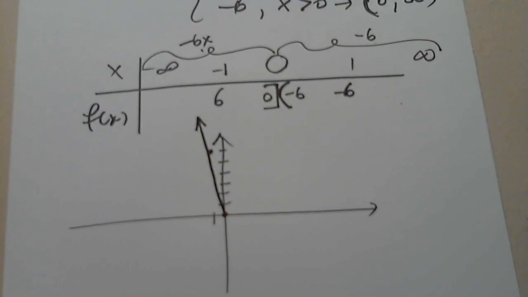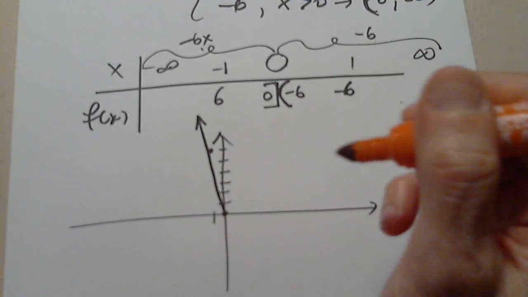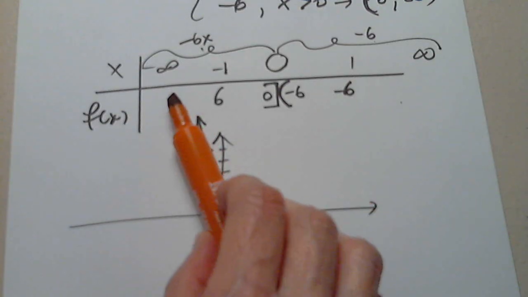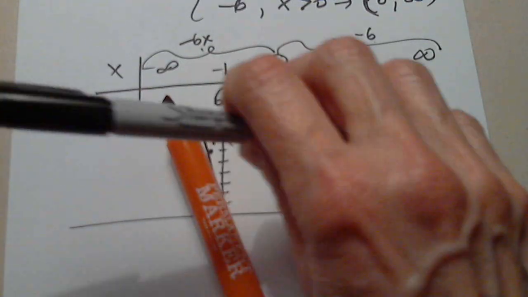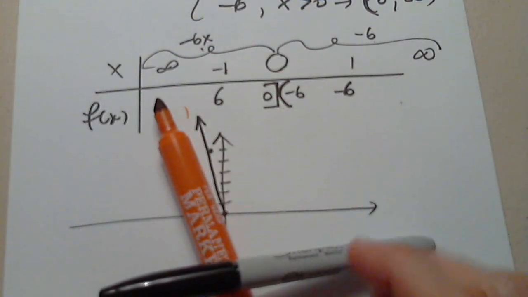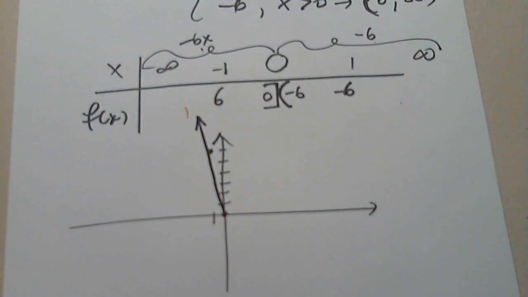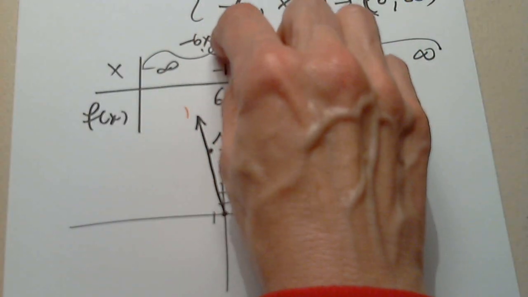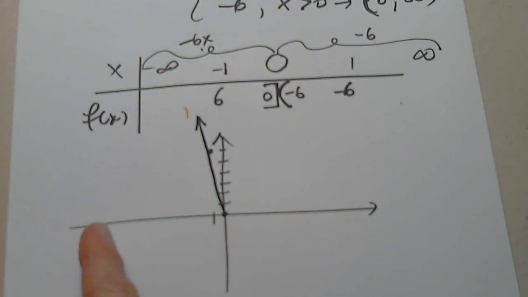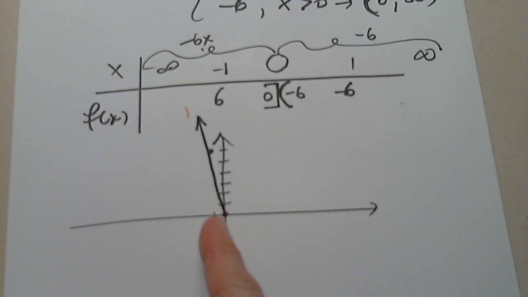You don't have to use a different color, of course, but I will use a different color just because I want my students to understand that you cannot extend and graph something like this. This is not a function by the vertical line test. So what I'm saying is this piece has to appear only between negative infinity and 0.